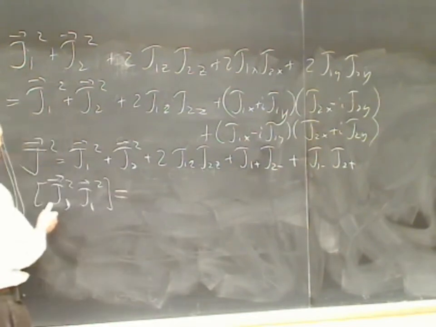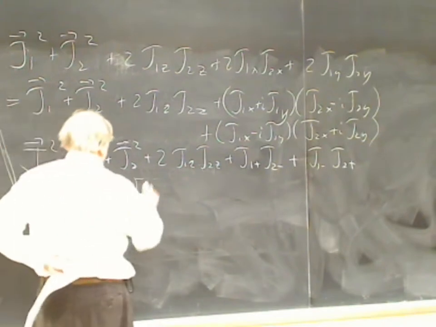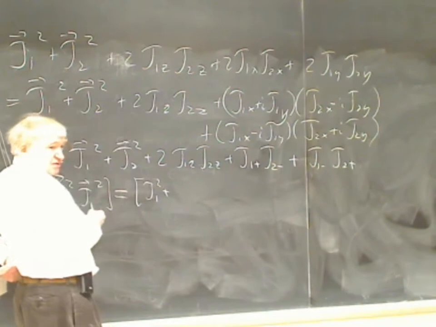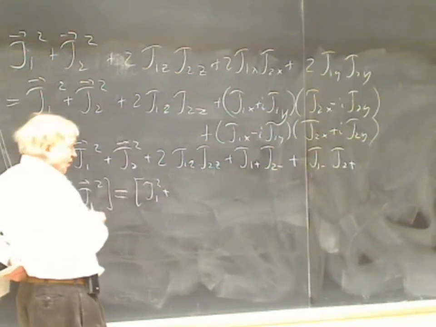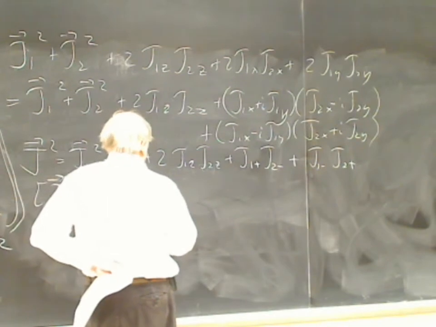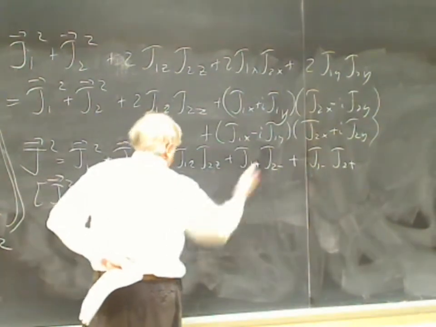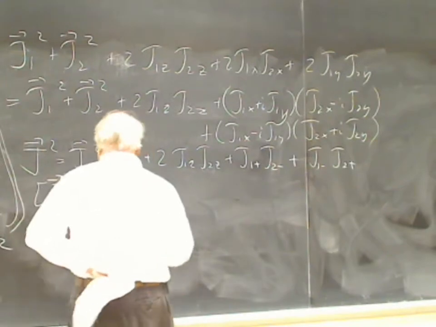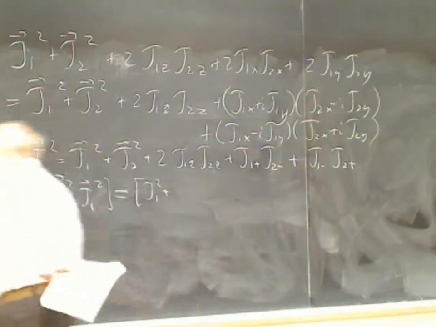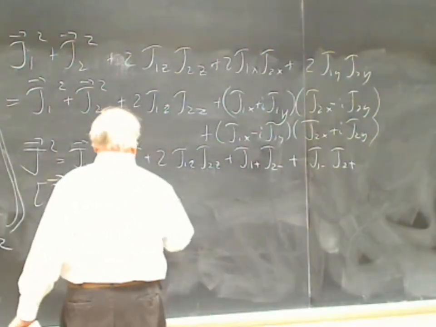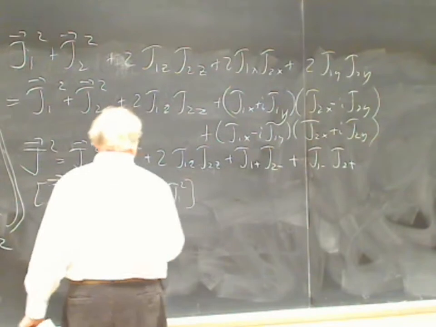Well, this would be J1 squared plus, forget about J2 squared because it commutes with J1 squared, since they are systems 1 and 2. Then we have all these other terms. J1 squared with J1 squared is obviously 0.